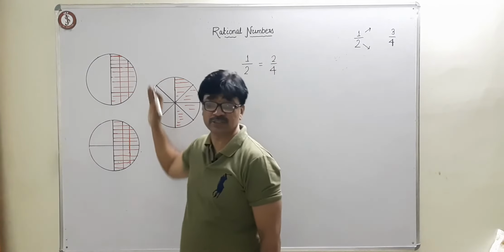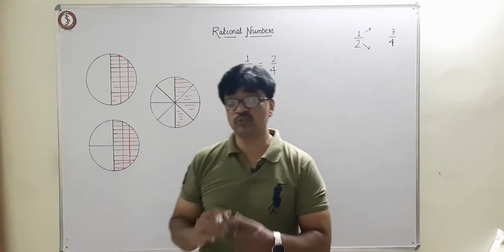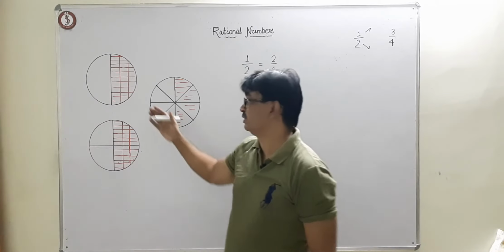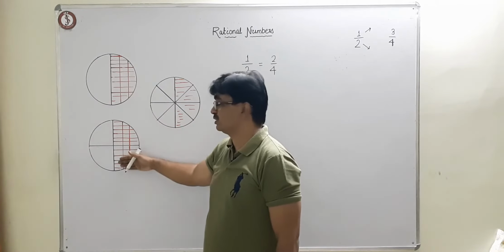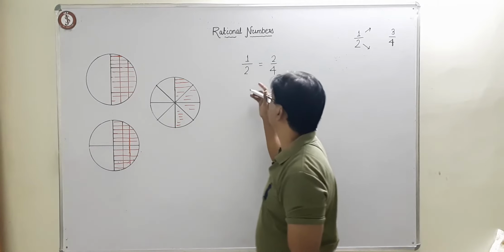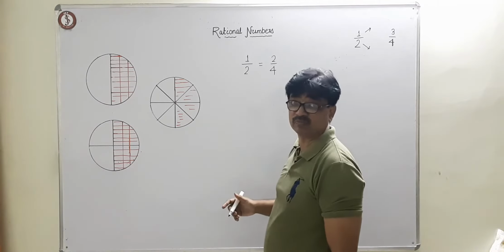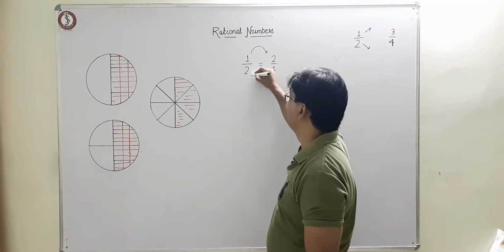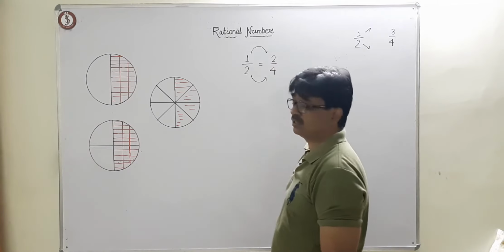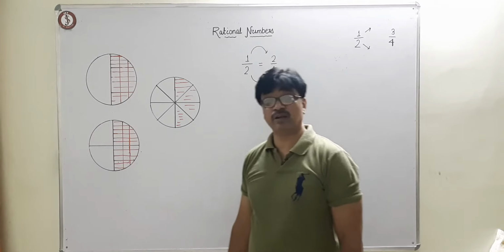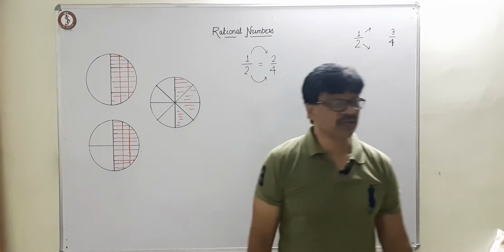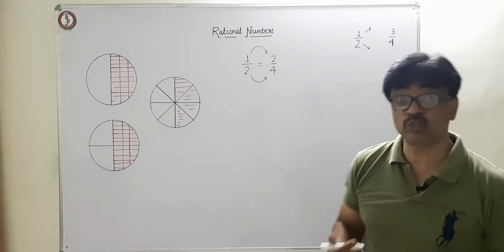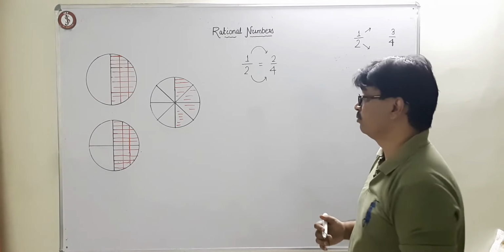You will eat the same quantity of bread. You will eat this or you will eat this, but these are equivalent fractions. And how do we get equivalent fractions? You multiply the numerator and denominator by the same number. Equivalent fractions are the same in magnitude.